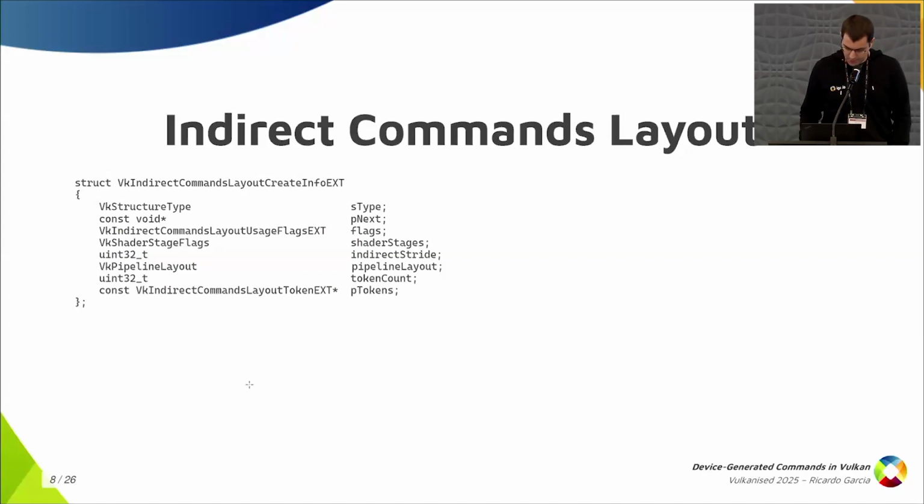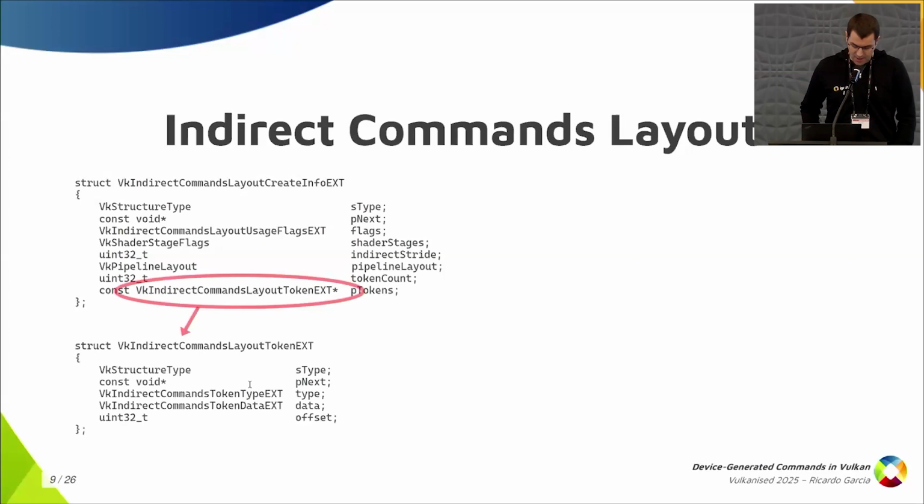Now, each of those tokens contains a bit of information. The most important one is the type, of course, and then you can also pass an offset. Together with the stride, this offset tells you how many bytes into the sequence the data for that command starts. It tells us that you don't need to pack the data for those commands together. If you want to include some padding because it's convenient or something, you can do that.